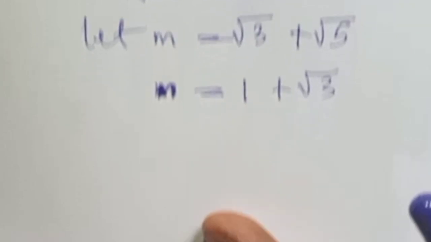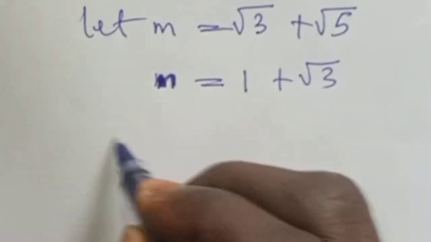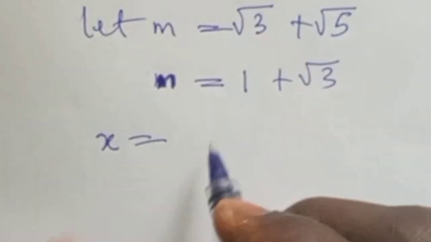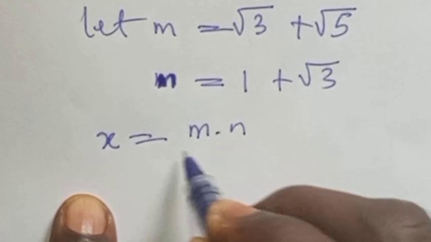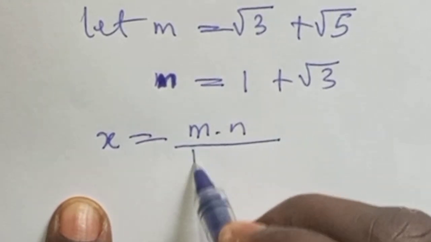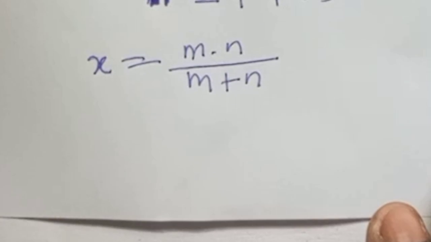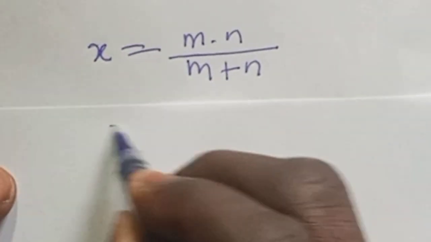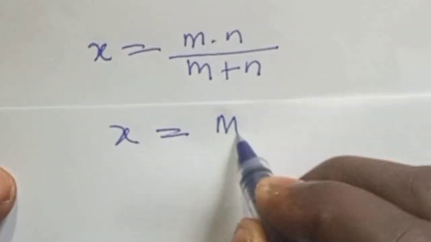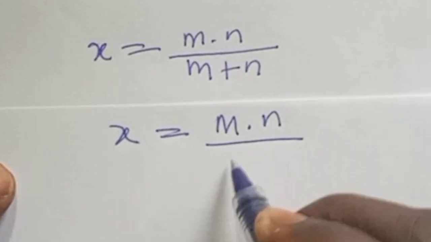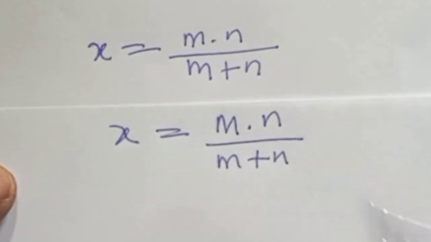So with this, s will therefore become m times n over m plus n. So s is equal to m times n over m plus n.